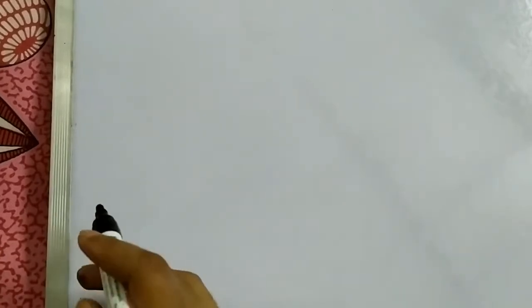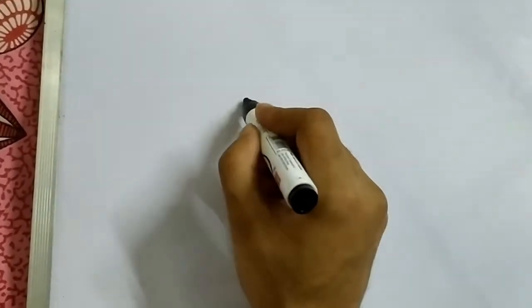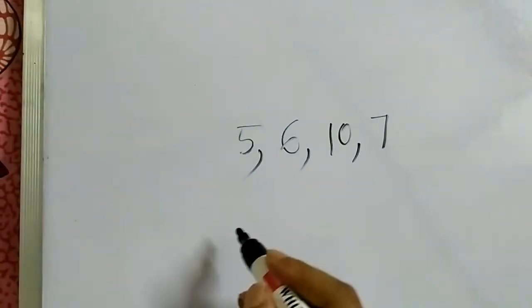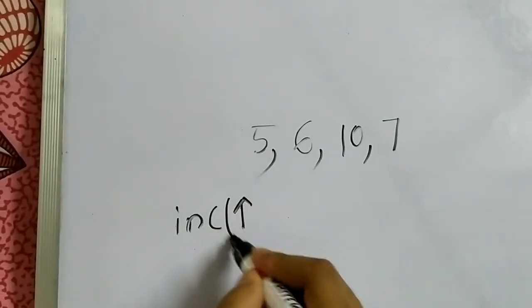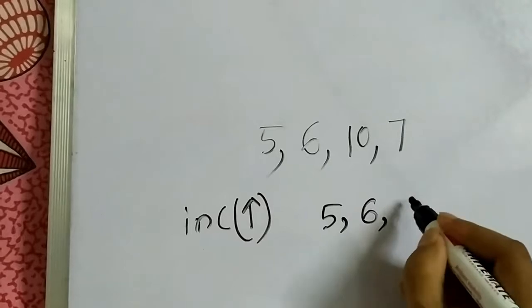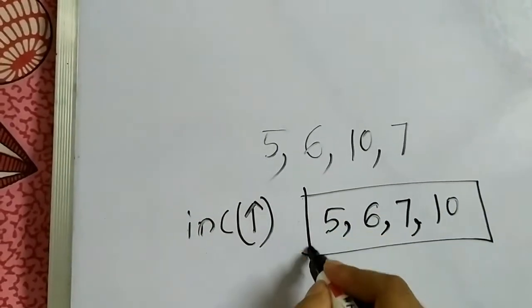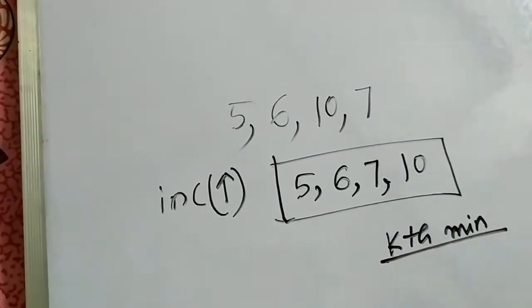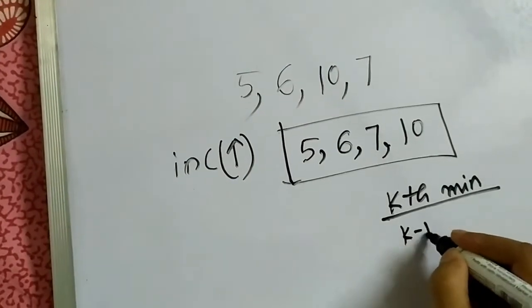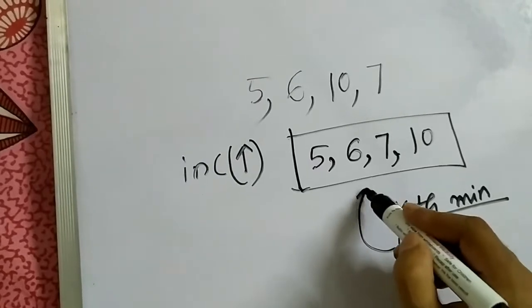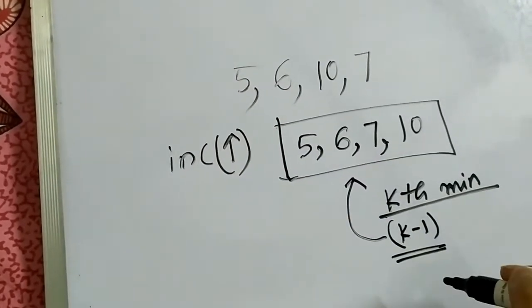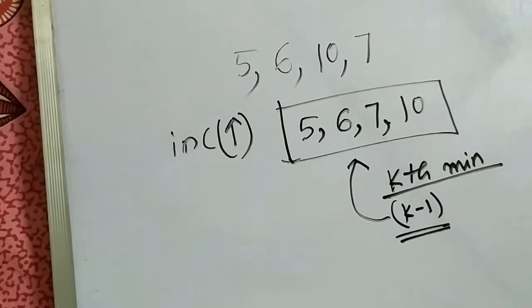It is very easy to say that if I have to find the kth minimum, and my elements are like 5, 6, 10 and 7, we can arrange the elements in increasing order, that is 5, 6, 7 and 10, and if we have to find the kth minimum, then the element at index k minus 1 of this array will be the kth minimum, because my starting index is 0, so I have to find the value at index k minus 1.